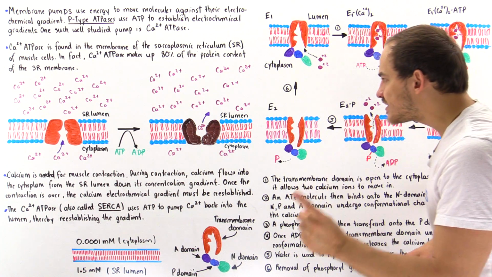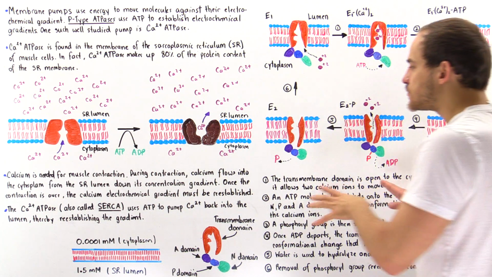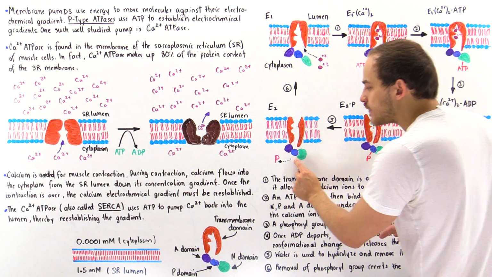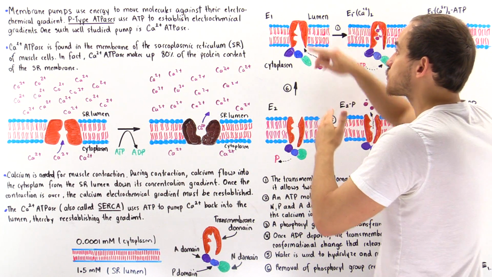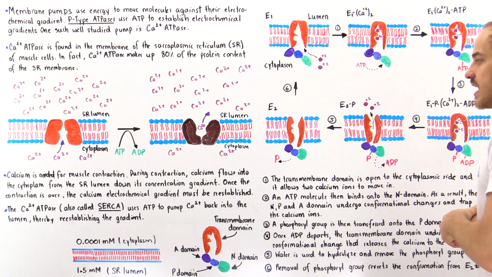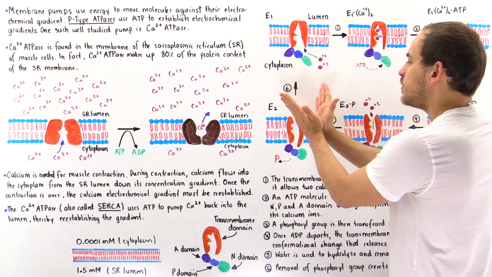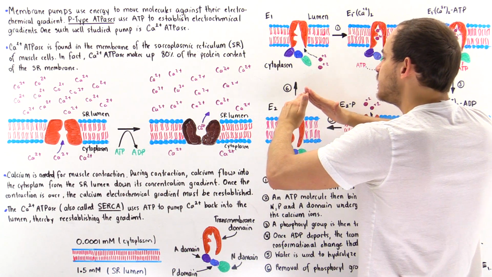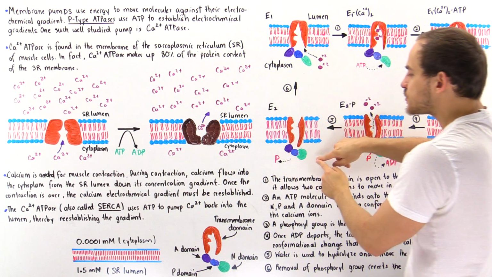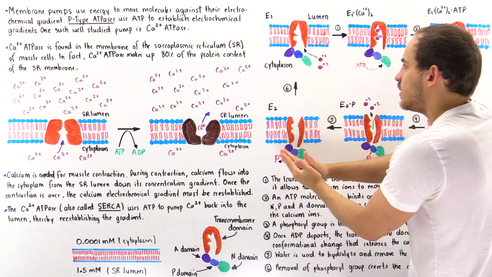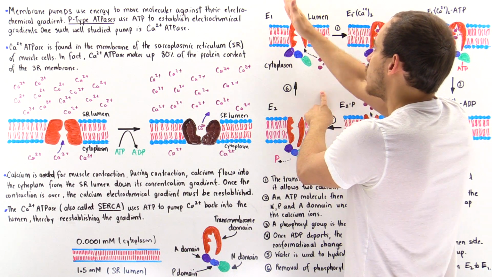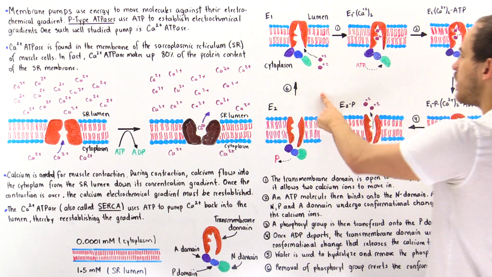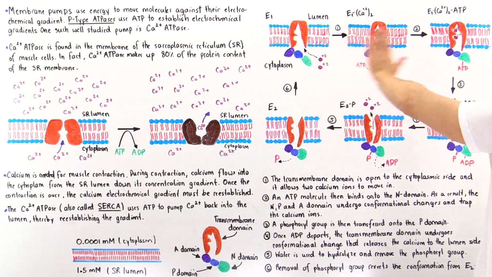And in the last step of this process, as soon as that phosphoryl is removed, this interconverts back into the E1 stage. And so now, instead of being open this side, it is open to this side. When that takes place, this entire section opens up, and now these calcium ions can once again go into the transmembrane domain, and the cycle can restart itself.